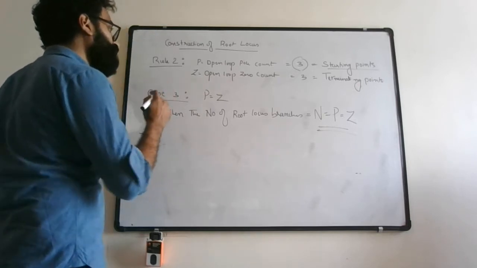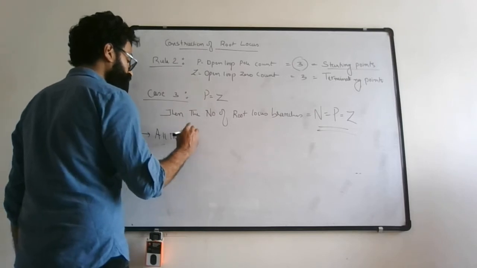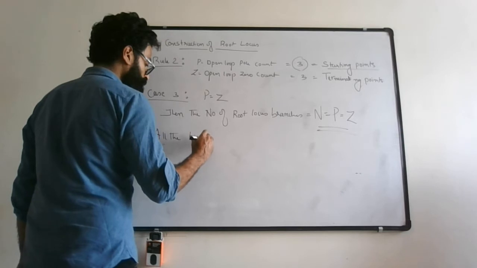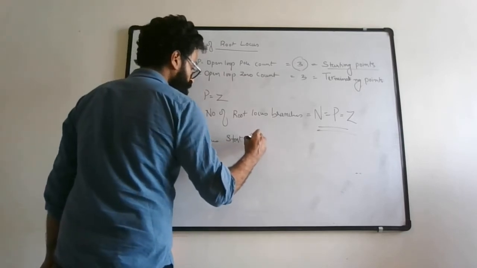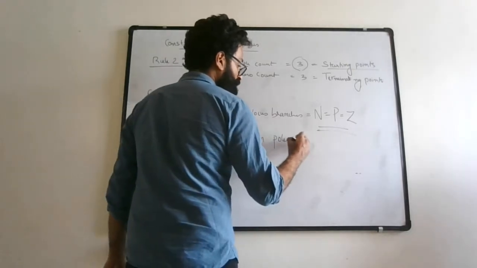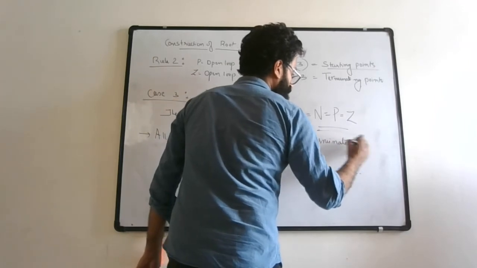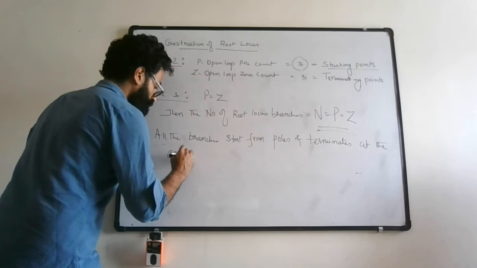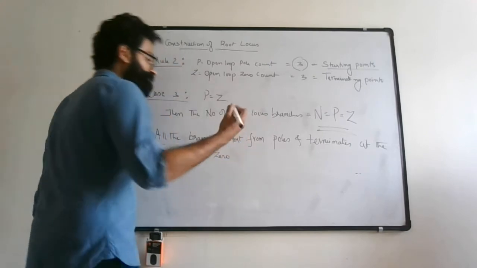since you have equal number of poles and zeros, all the branches start from poles and terminate at the available 0.